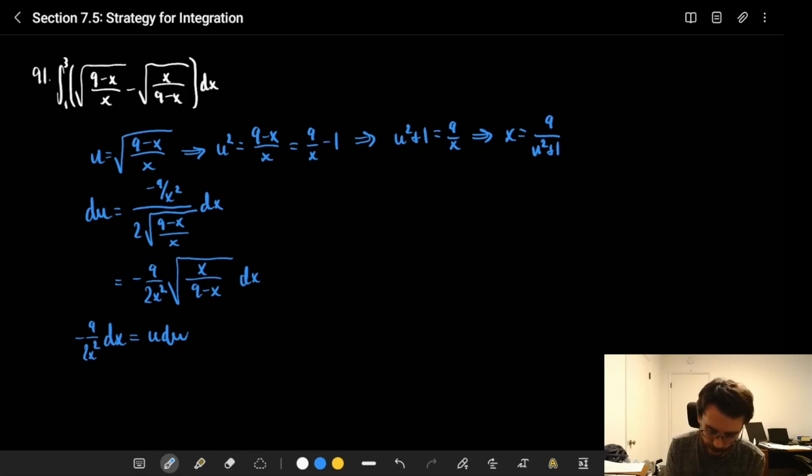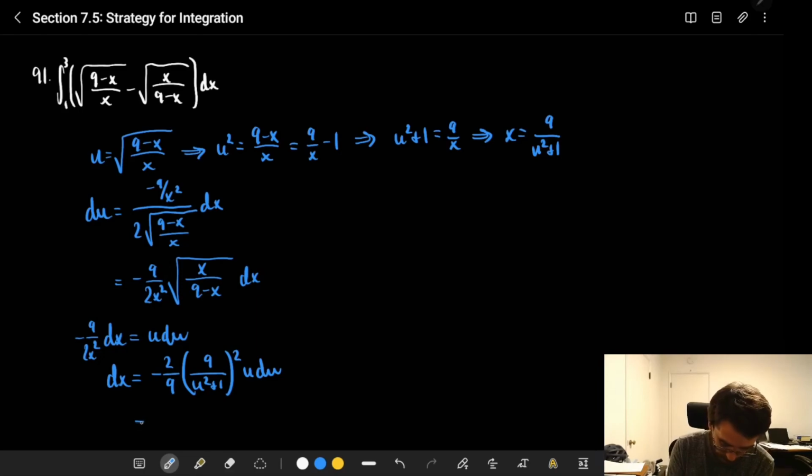And then x squared. Okay. So solving for dx here, it should be negative 2/9. x squared is going to be 9 over u squared plus 1 whole thing squared. And we still have the u du.